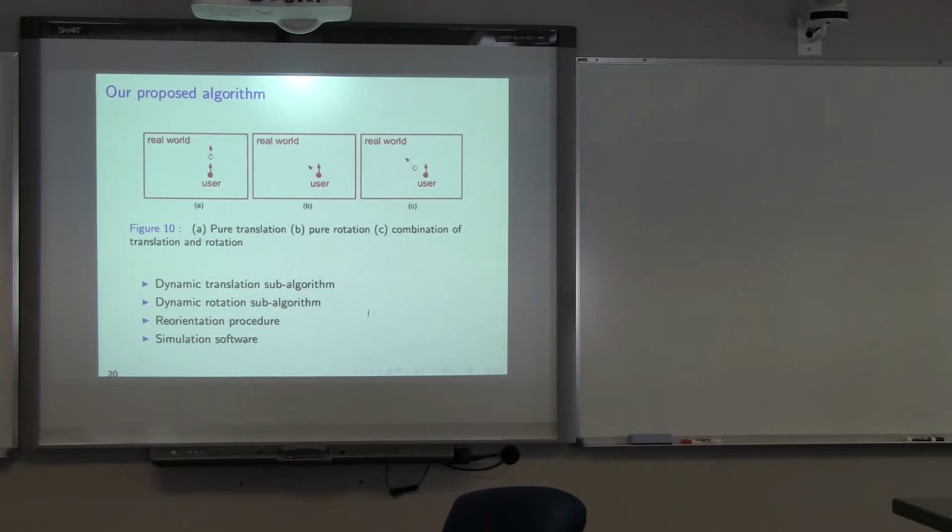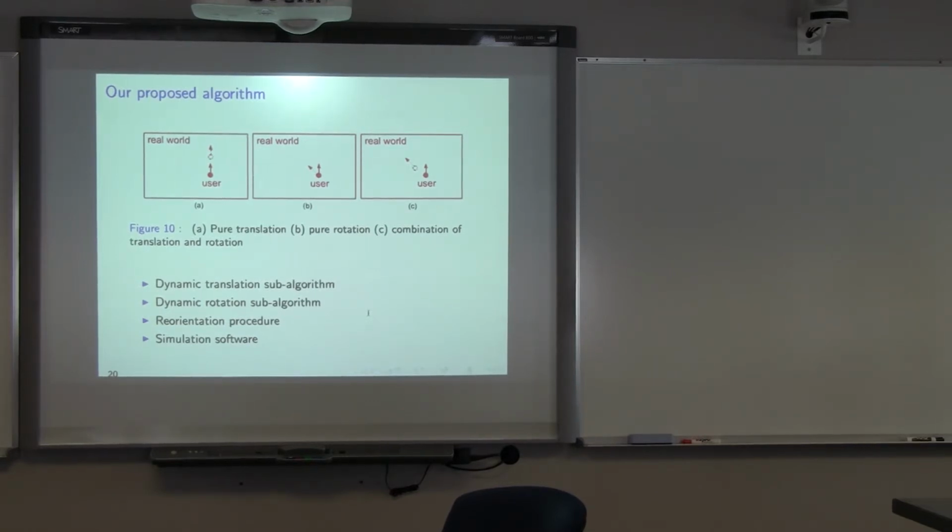When a user is physically walking, his movement can be decomposed into a pure translation, a pure rotation, or a combination of translation and rotation, which is a natural movement. The pure translation is processed by our dynamic translation sub-algorithm, and the pure rotation is processed by our proposed dynamic rotation sub-algorithm.